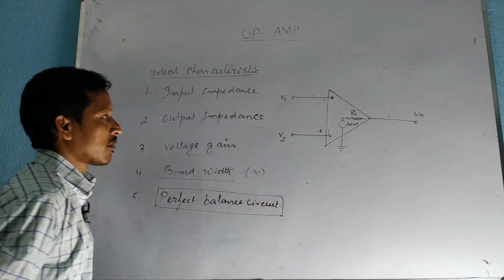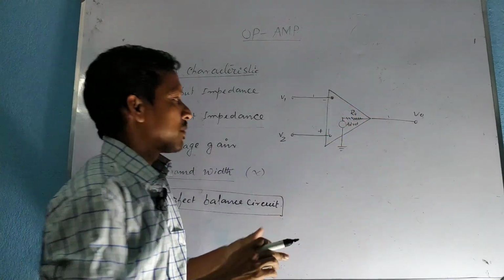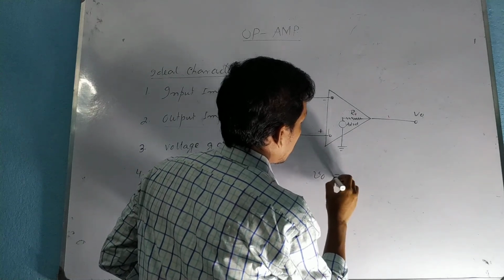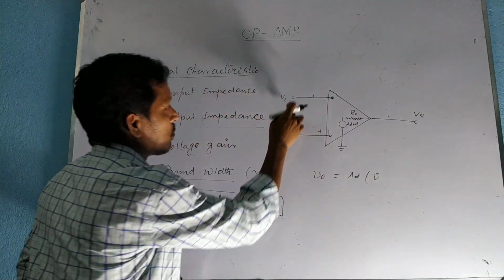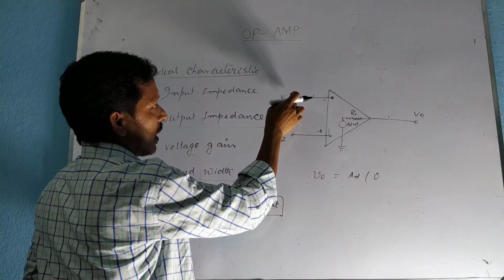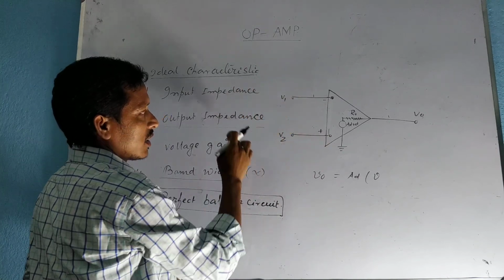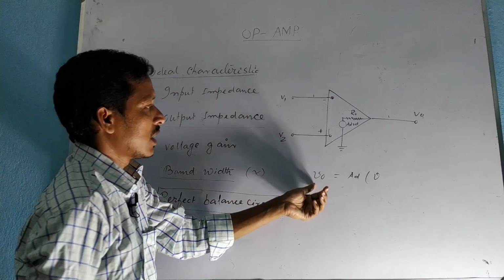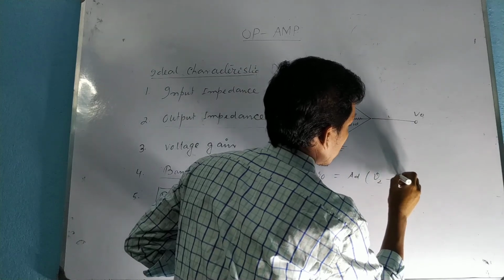What do you mean by perfect balance circuit? Actually, the operational amplifier is a differential amplifier. Differential amplifier means output voltage V0 equals AD into, if the input signals applied at the two inputs, V1 at the inverting terminal and V2 at the non-inverting terminal, then the output voltage will be AD times V2 minus V1.